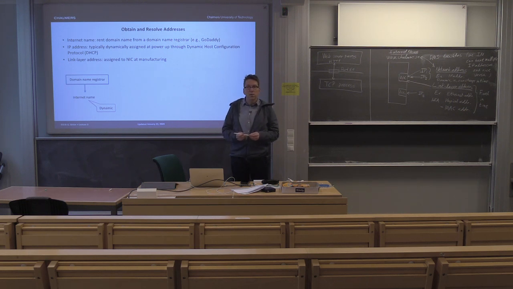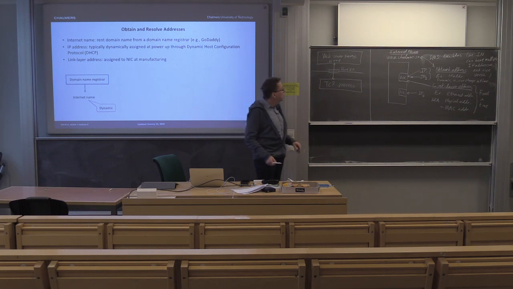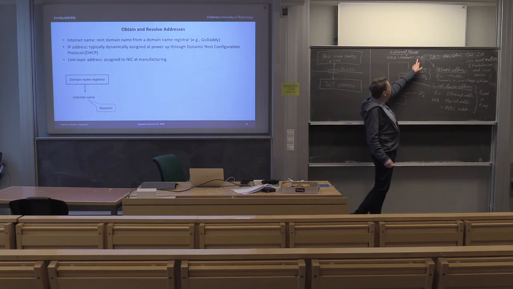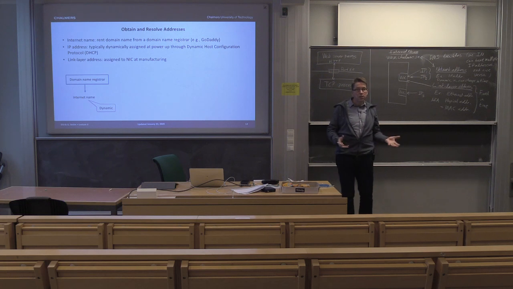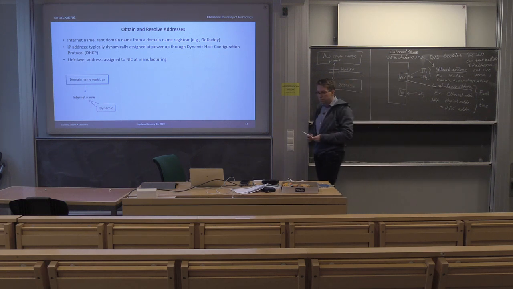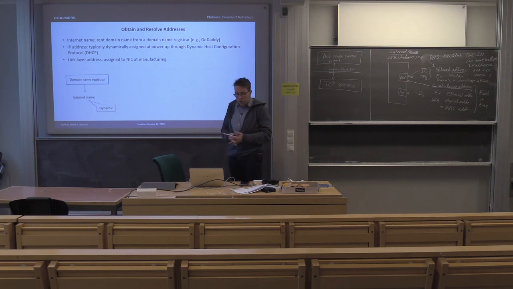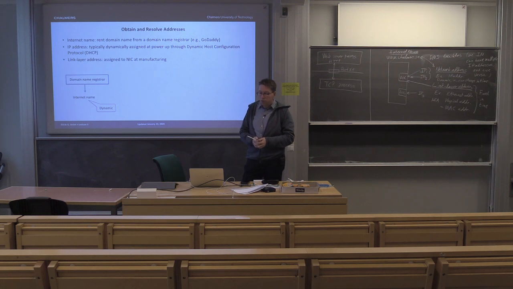And if that name is available and fulfills some basic requirements, then you get it and you pay for it. And you pay different amounts of money depending on what type of top domain it is, if it's a .sc or .tv or .com or whatnot. So you can buy this. So Chalmers has done this. And once this is done, then the register keeps track of this and so forth.